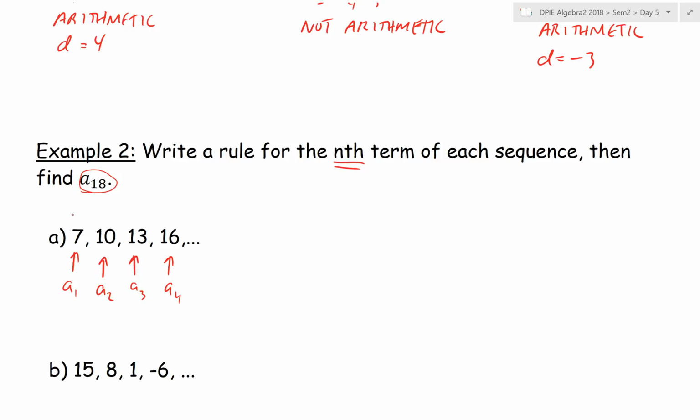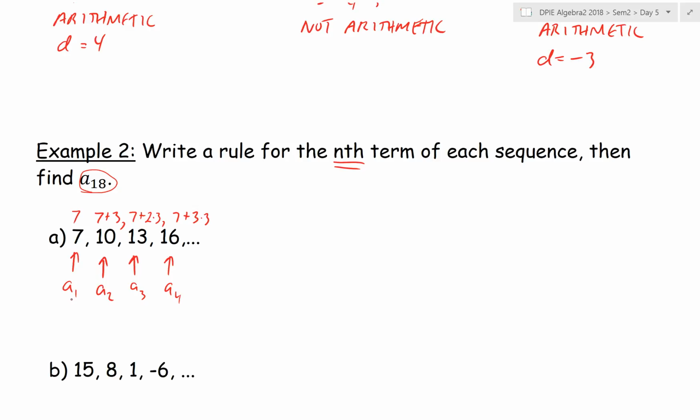And a1 is just a plain old 7. But a2 is 7 plus 3, which happens to be the common difference. And then 13 is 7 plus 2 threes. So that's 7 plus 6 gives us 13. And then 16 is 7 plus 3 threes. So 7 plus 9 is 16, and so on.